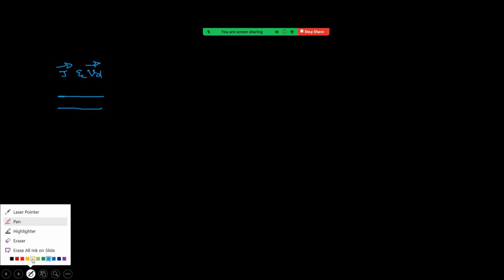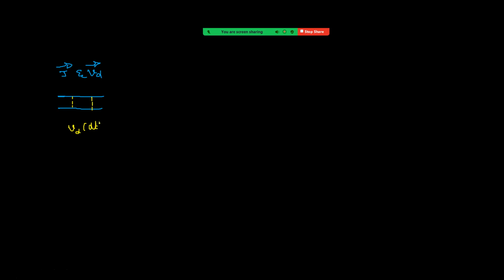Let us consider a small time interval dt. This is now one conducting wire. In a small time interval dt, electrons will move a distance that is given by Vd into dt.